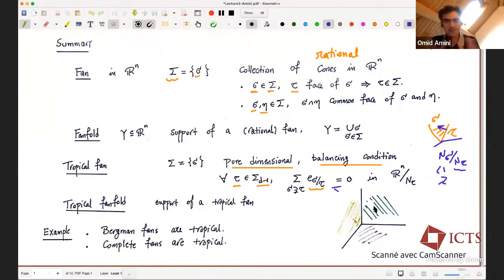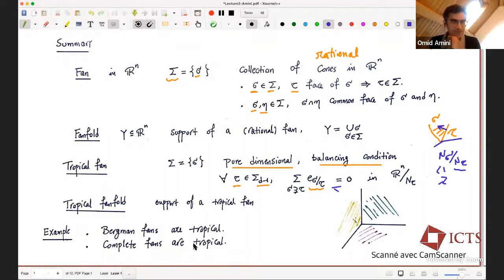And in geometric lattices, you have this partition property when you go from one level to not the next one, but the one afterwards. So you can prove it. I leave it as an exercise to prove that Bergman fans are tropical, and complete fans are of course tropical.